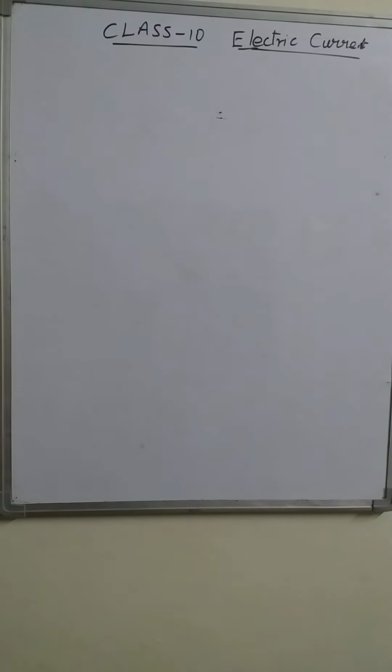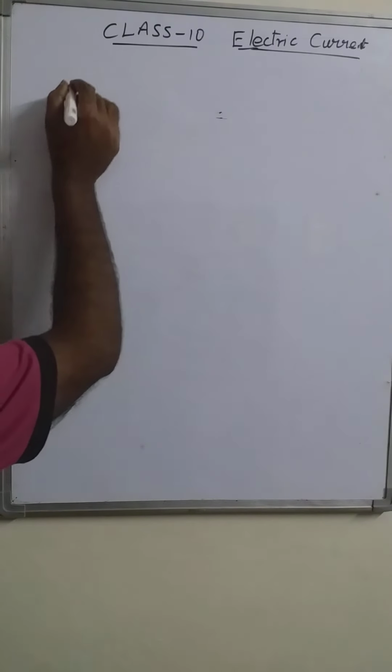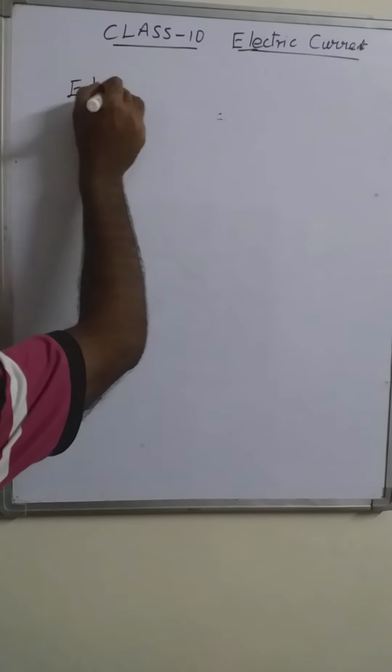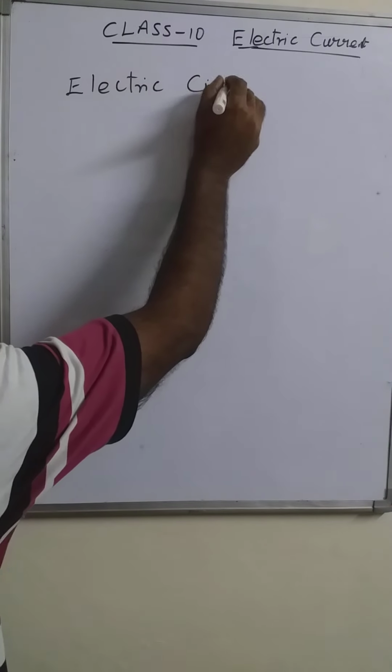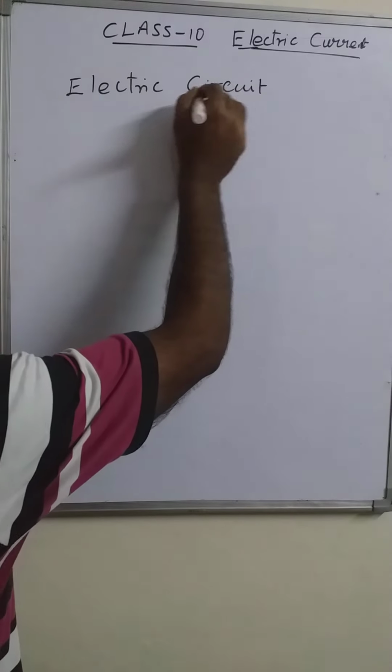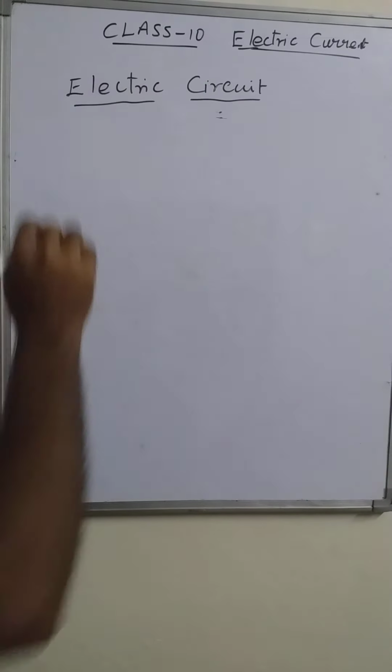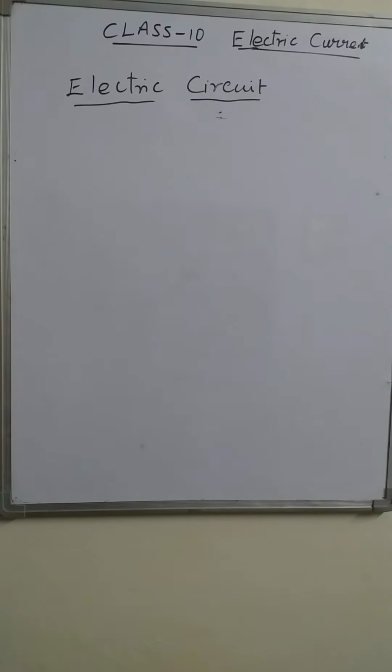For that, we must discuss the electric circuit. This electric circuit, you people have studied in the earlier classes also. I think in class 7th, and in class 6th also, you have studied about the electric circuit.